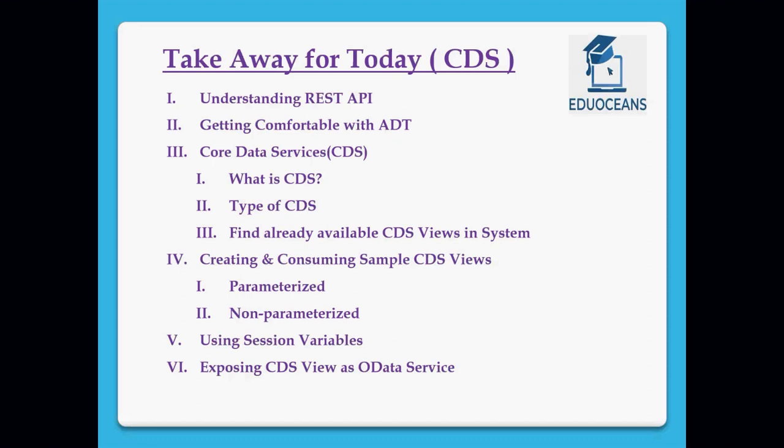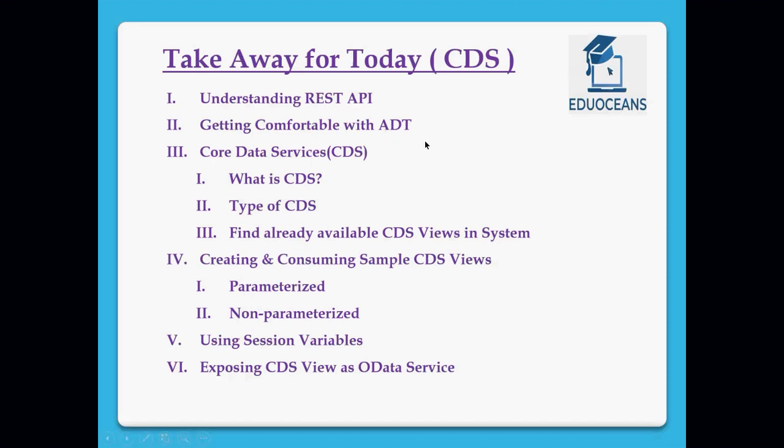We will get ourselves comfortable with ADT, the ABAP Development Tools, which are what we need for any development related to CDS. Then we will learn what CDS is, what its types are, and how we can figure out its different components, where they are available, and how we can find them in the system.